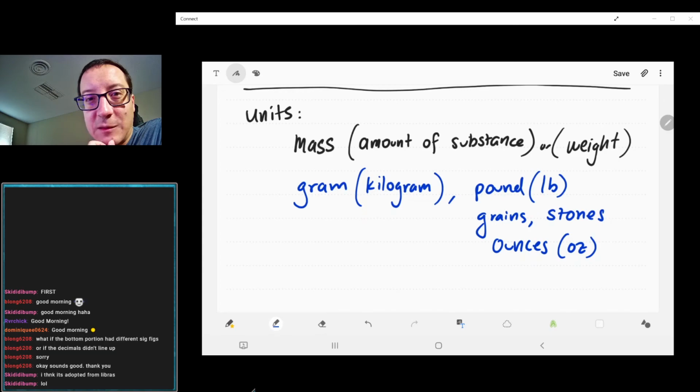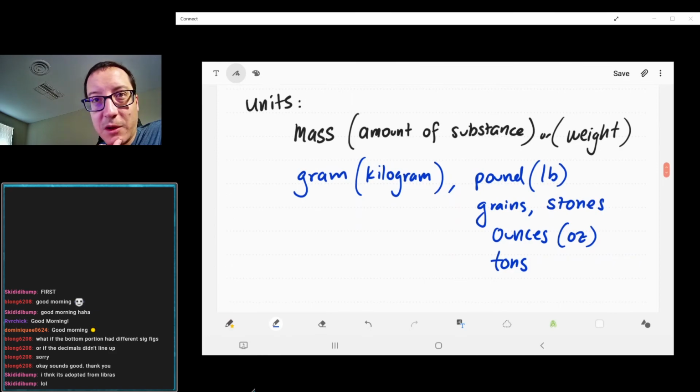That's the thing that sucks about the US system, there's all these kind of arbitrary numbers of how many of whatever there are. You have tons as well, which are 2,000 pounds. It's kind of just all over the place. Whereas with the metric system, we pretty much only use the gram. And we're going to throw prefixes on that. We have kilograms, megagrams, micrograms, but they're all based on that unit of grams.